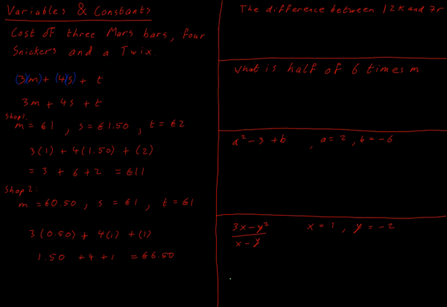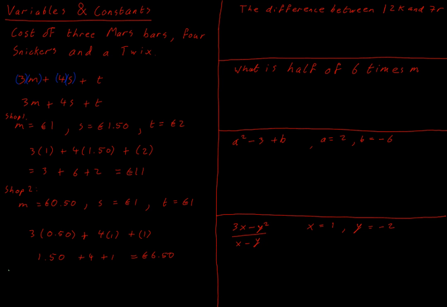Now, what are we doing here? Well, we've got terms, is what we call these things here. Each one of these is a term, and we've got stuff that changes. The cost can change depending on the shop that we're going into, but the amount of each bar that we want is staying constant.